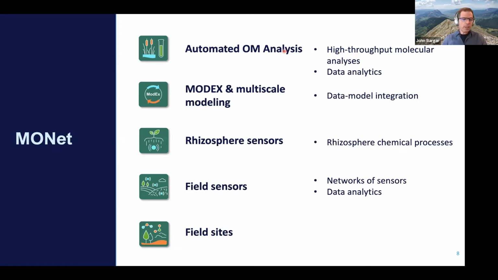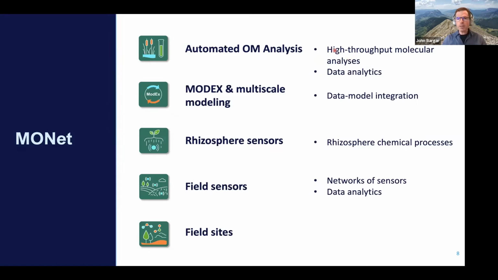In order to get those data, though, you also need these new field sampling methods that can provide improved coordination, centralization, and standardization of sample collection across regions and sensors. This is an important aspect that's been missing. We really need to collect larger numbers of soil samples than traditionally has been done.